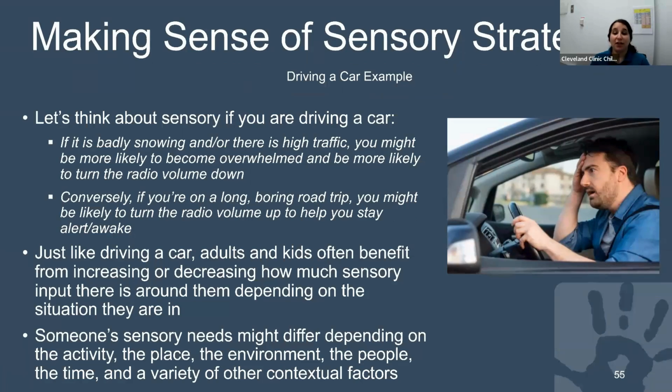Just like driving a car, adults and kids benefit from increasing or decreasing the amount of sensory input around them to be in that just right state. So by turning the volume up and down, the adult adjusted the amount of sensory input their body was obtaining.